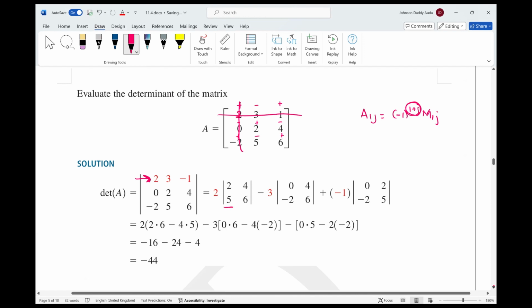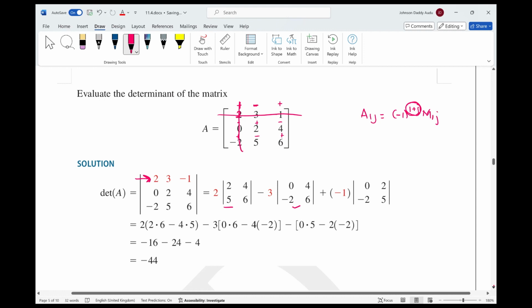Here you can see the number here is 3, but in terms of position, i plus j is odd, because i is 1, j is 2. So that is why you have this -3 here. Then we close the first row and second column, and you will have this determinant left.